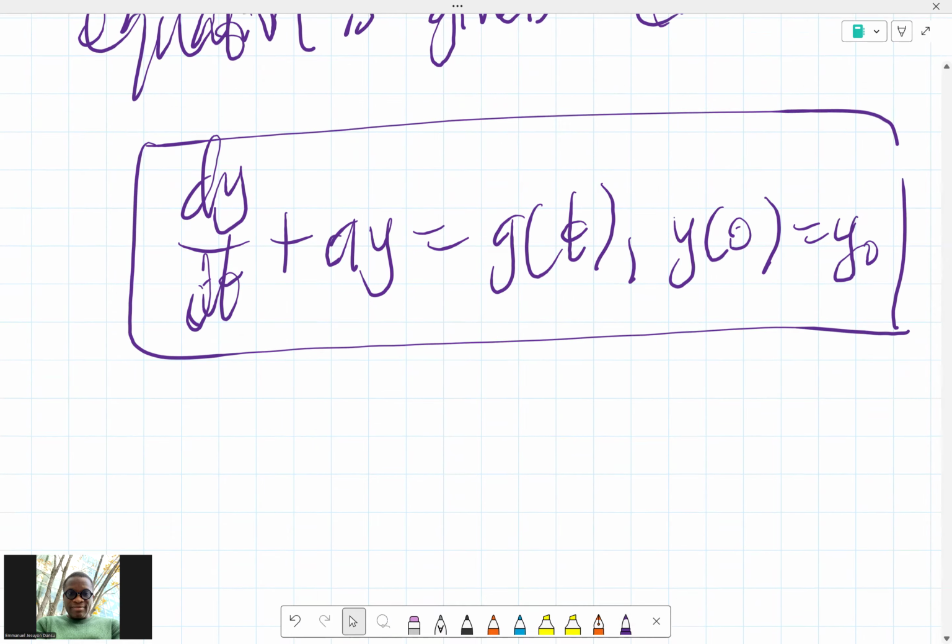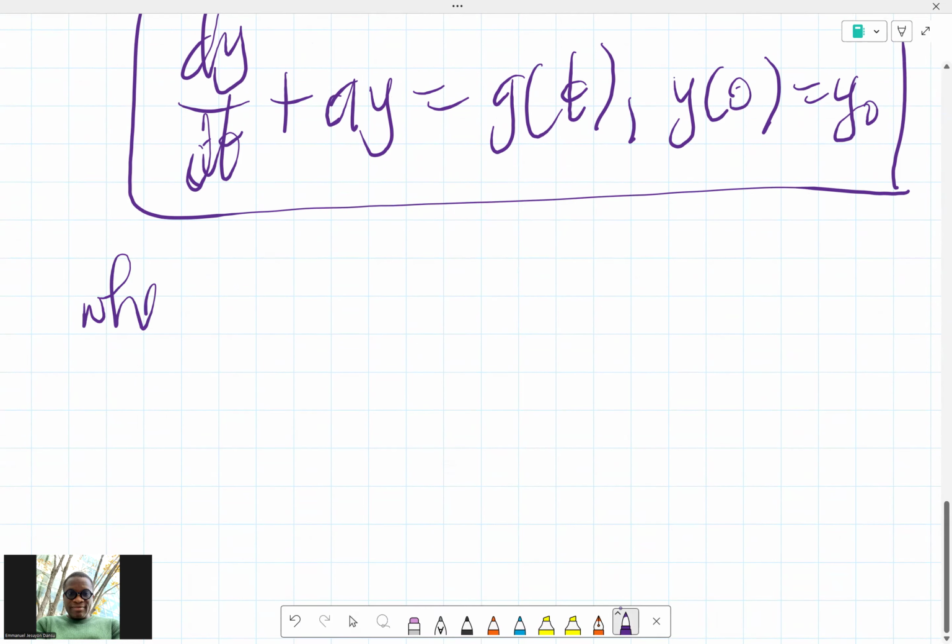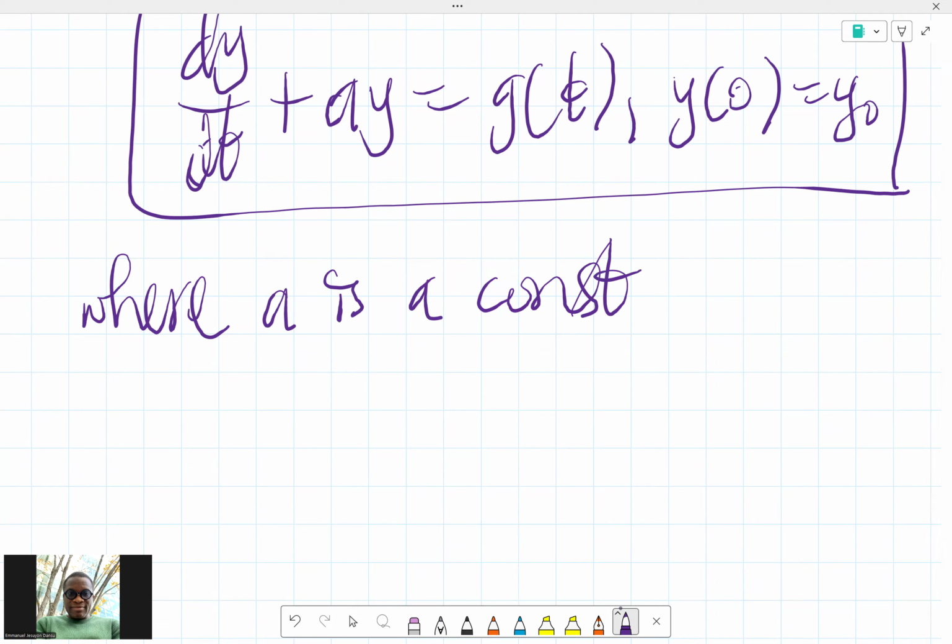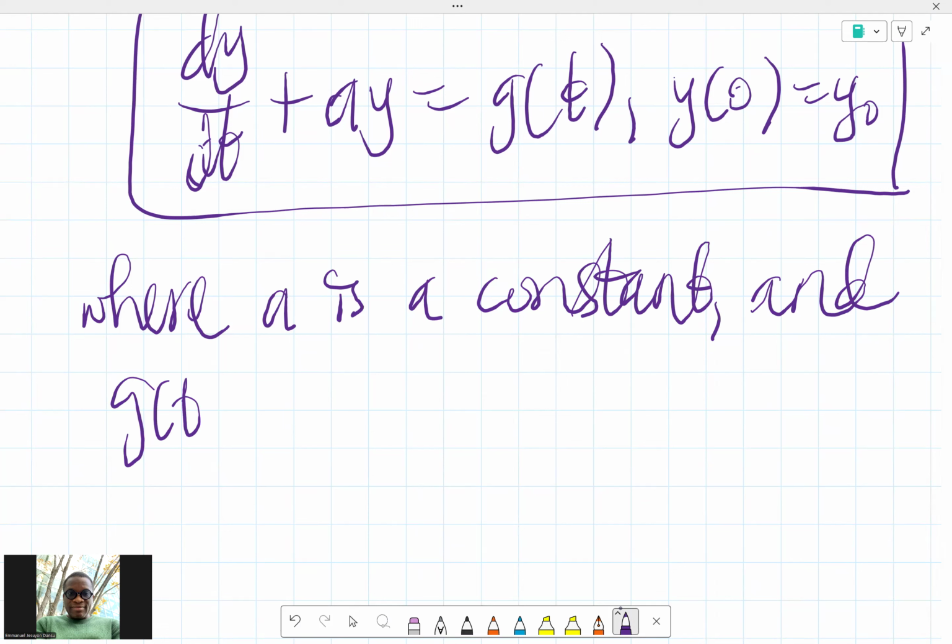That's a typical first order equation, where a is a constant and g of t is a given function.